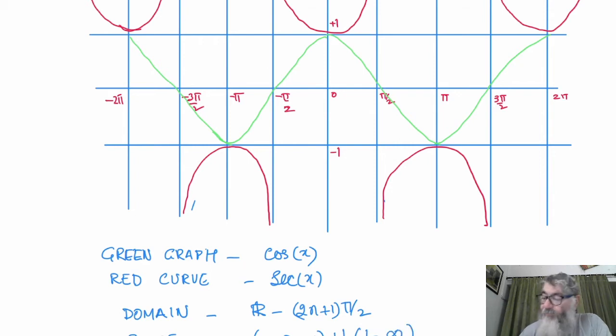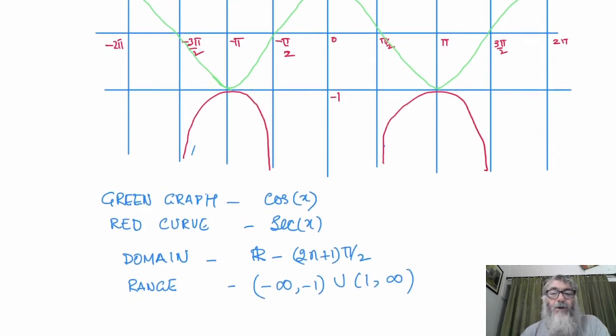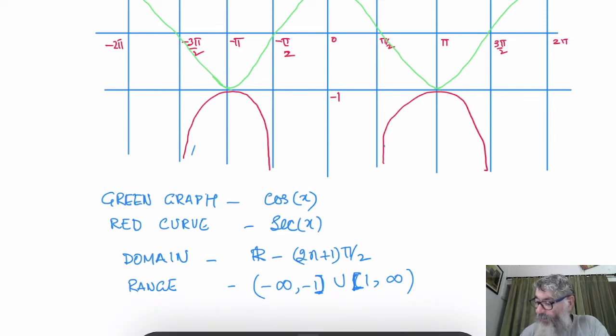On infinity, we always put open brackets, and on 1 and minus 1, it is a closed bracket. Why is it a closed bracket?